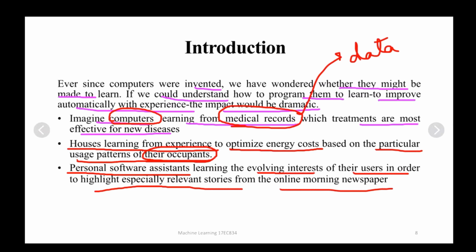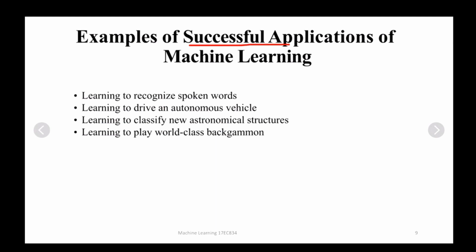That is what machine learning is all about. You might have already experienced this also. And the mails, especially the promotions you get, will be relevant to what you have searched. That is how machine learning is working today. So this is about machine learning and some of the examples, especially the successful applications of machine learning.